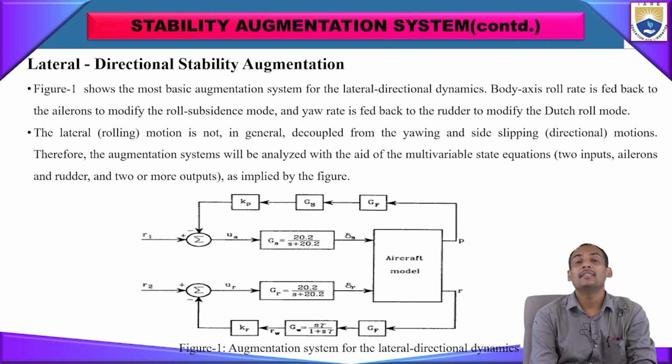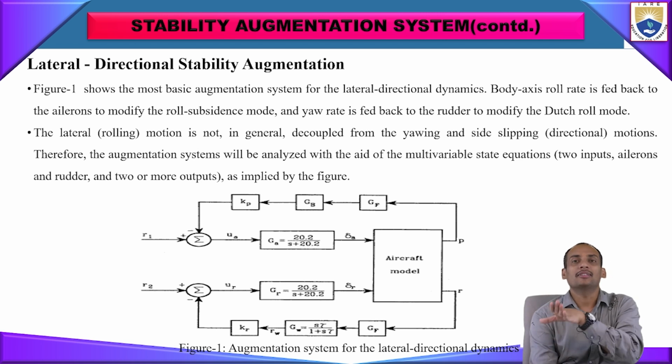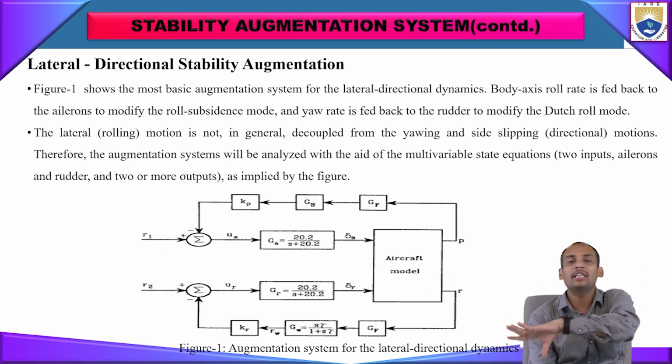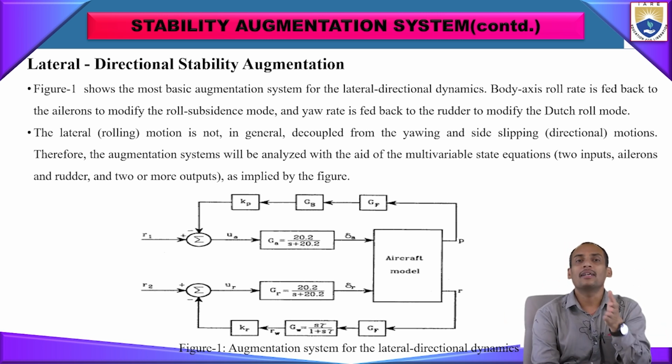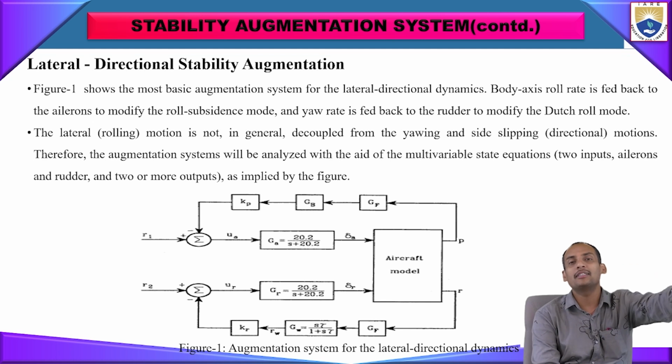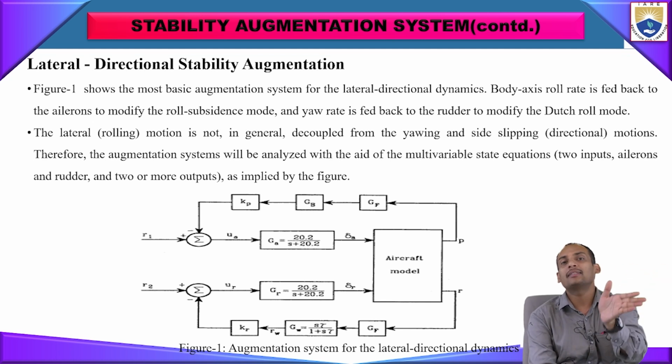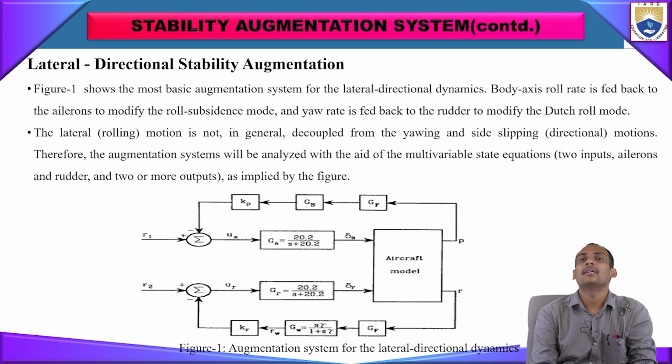In this way, the stability augmentation system helps the pilot. It's like an autopilot system, an integrated system that helps bring the aircraft back to its stable condition. Whenever it goes to an unstable condition, this SAS will bring it back to the stable condition. For that only we have integrated this.